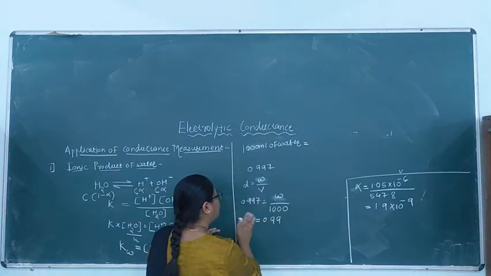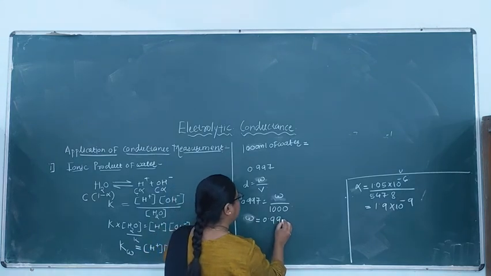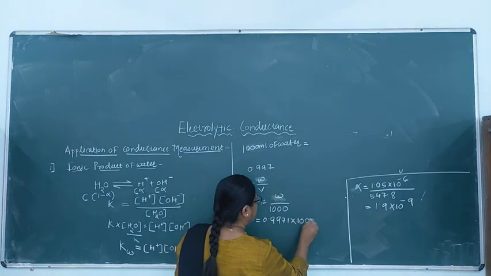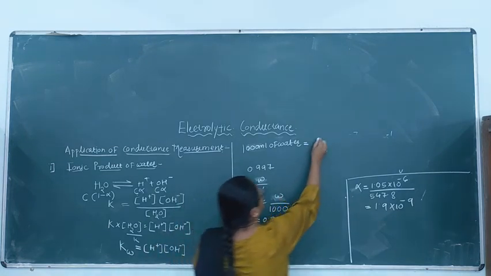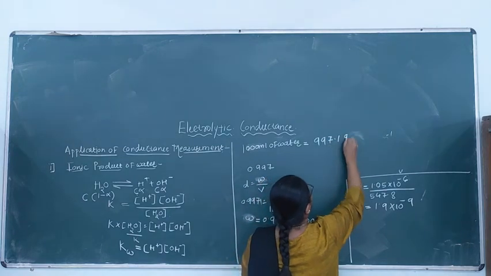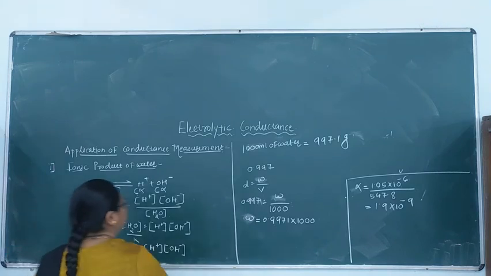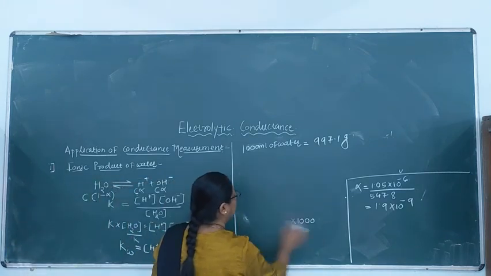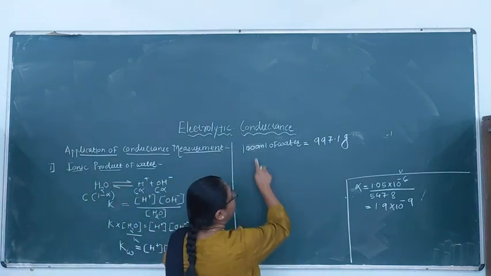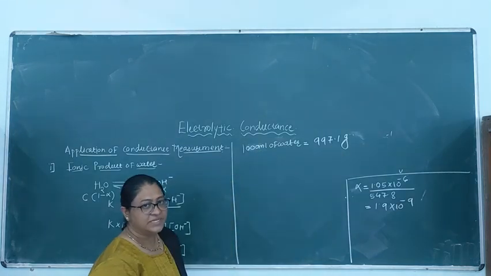So the weight of 1000 ml of water is 0.9971 into 1000, that is 997.1 gram. This is the weight of 1000 ml of the water. I have taken 1000 ml, that means this much gram of the water is present.